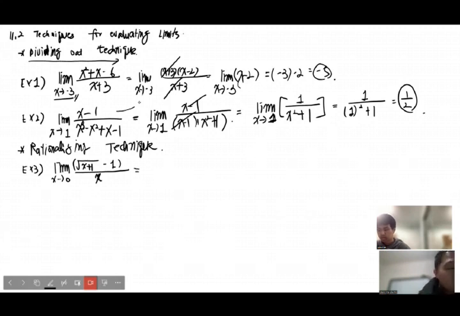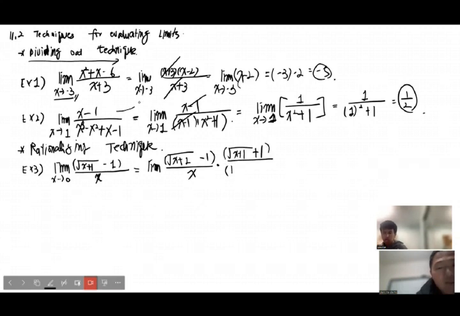So we multiply the conjugate term, square root of x + 1 plus 1, to the numerator, and the same term to the denominator.